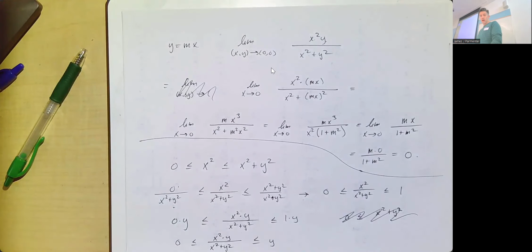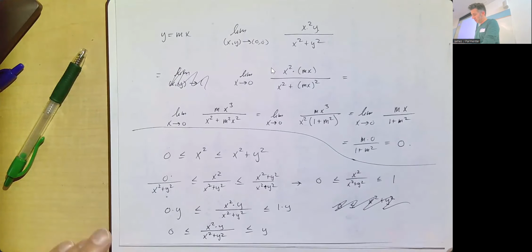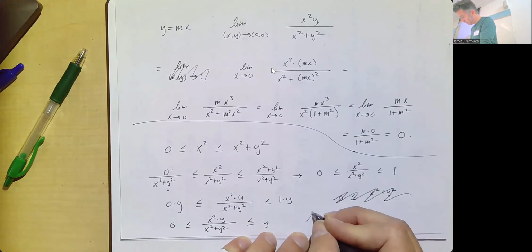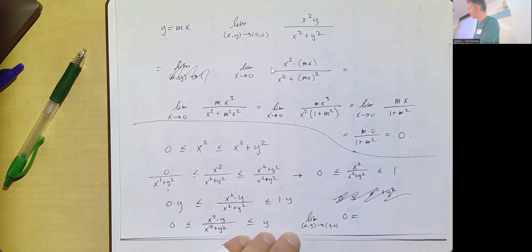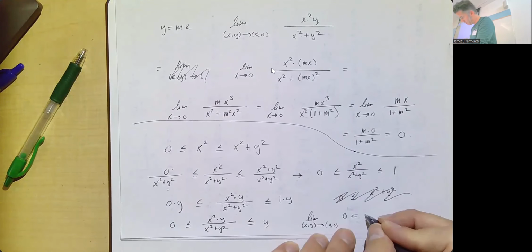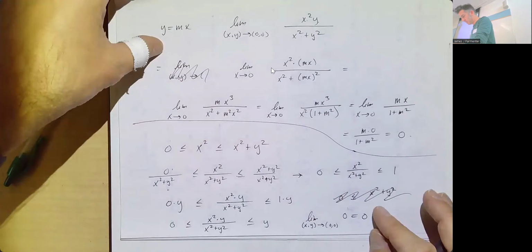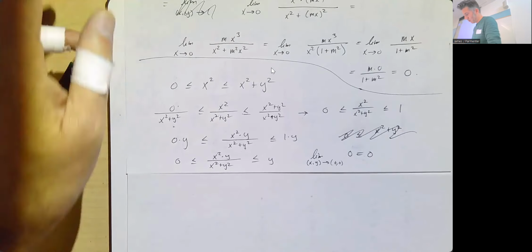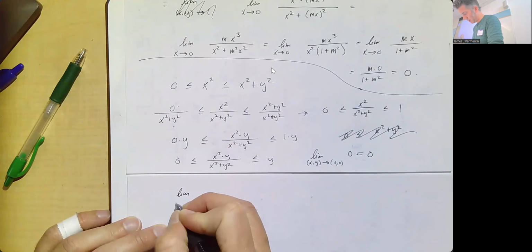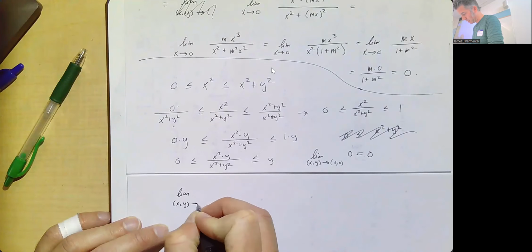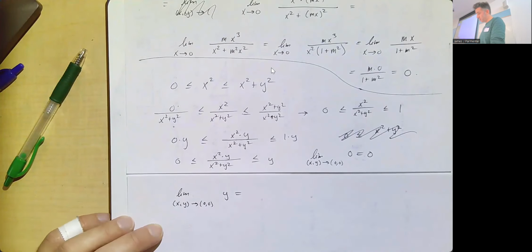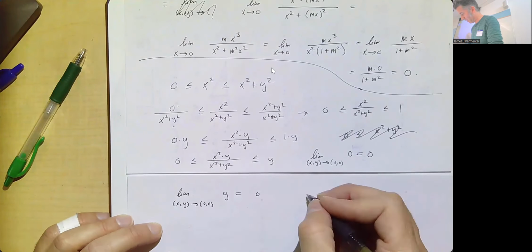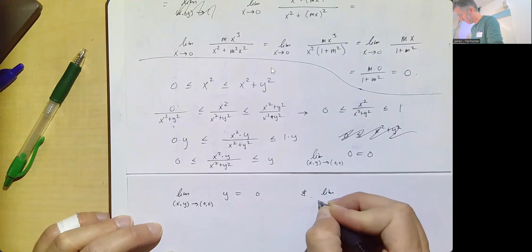And now we apply the squeeze theorem. So let me ask everybody, what's the limit as (x, y) approaches (0, 0) of 0? What's the limit as (x, y) approaches (0, 0) of y? Also 0. I'm going to write this down here too.